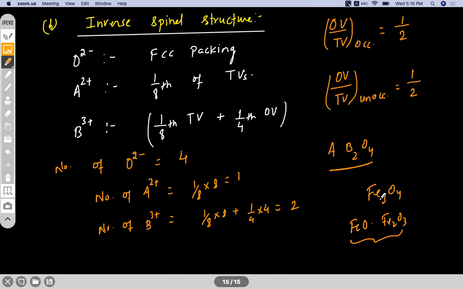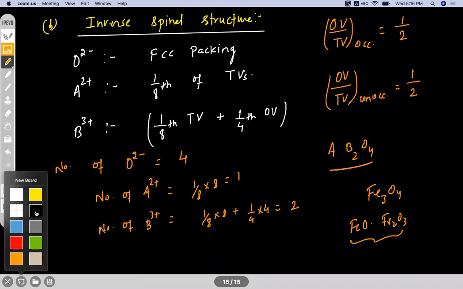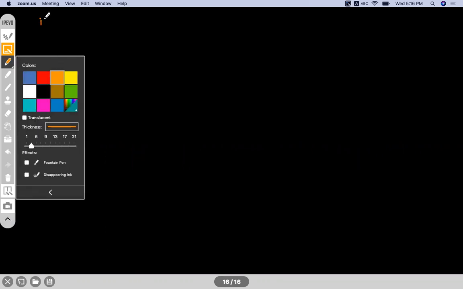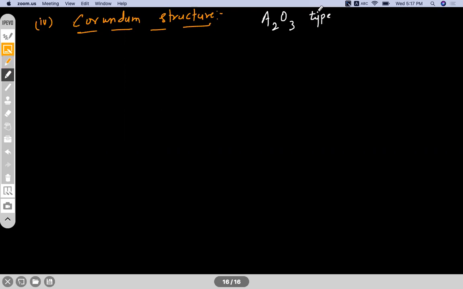Yeah. Next, write down corundum structure. Corundum. The general formula for this type of structure is A2O3 type.